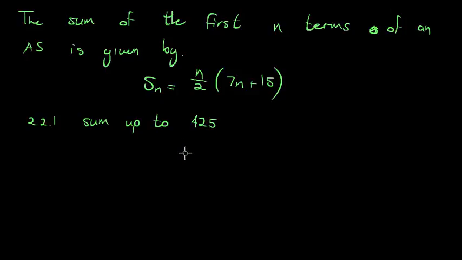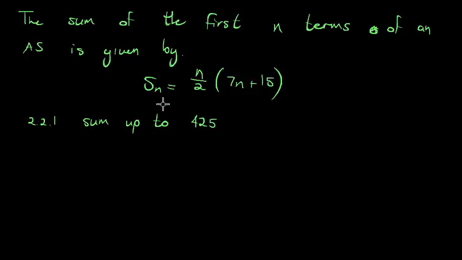If I read the question, how many terms in this series should be added to get a sum of 425? So what are we trying to calculate? What variable? S425.